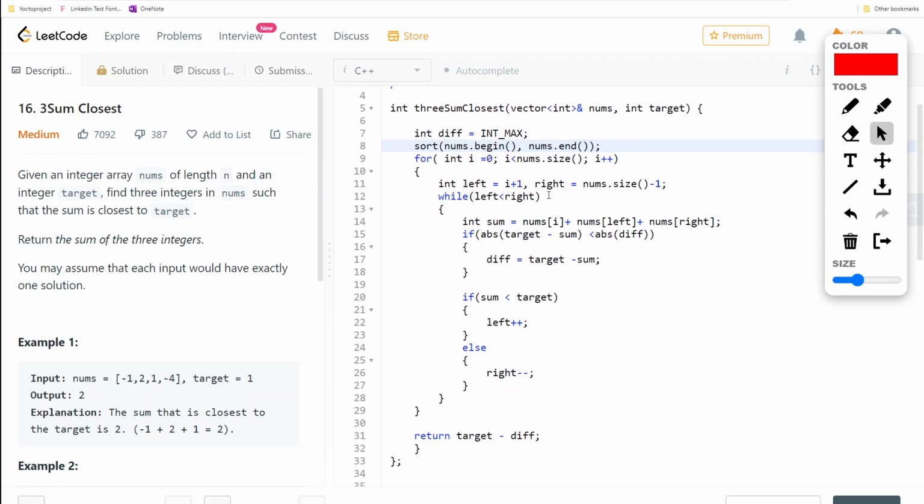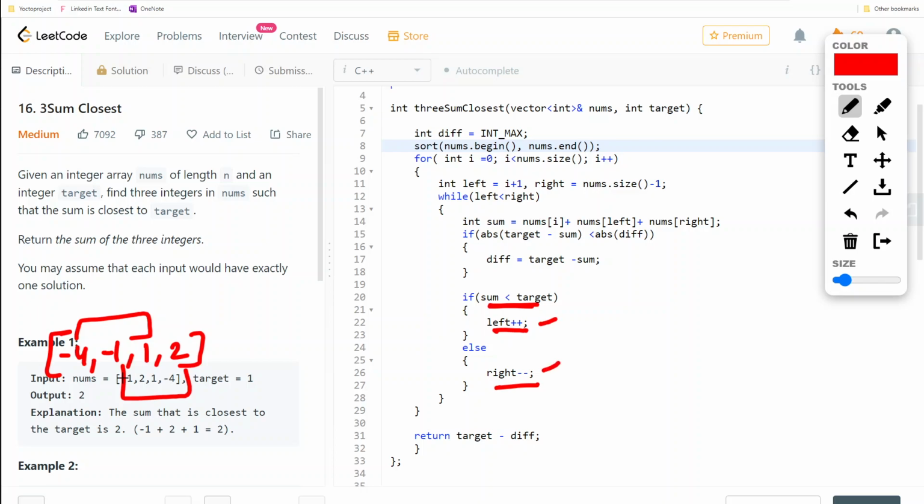And here, when we sort this particular input array, now it will be something like this. And because of this, now we can easily do the checking we were doing, whether the sum is less than target or not. In that context, if we do left plus plus or right minus minus, it is sure that our sum will be in the incrementing mode, right?